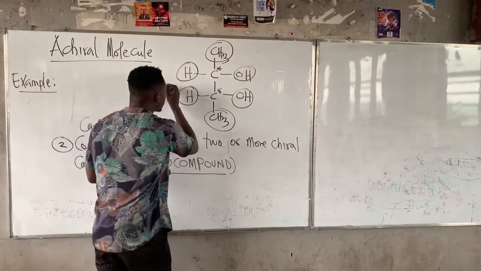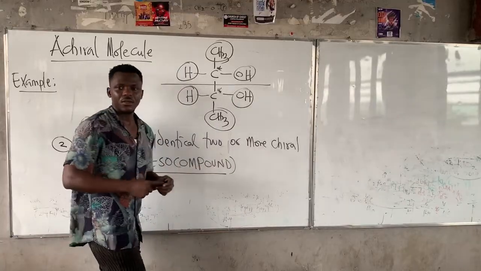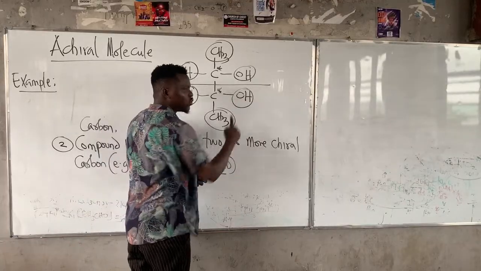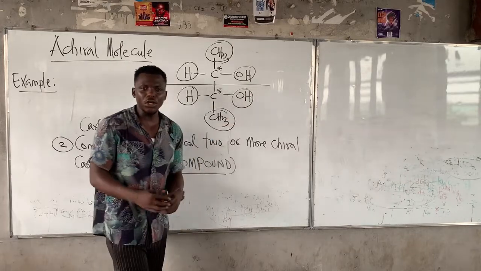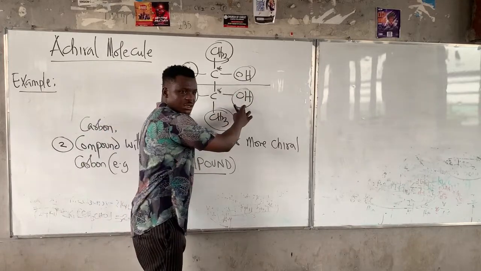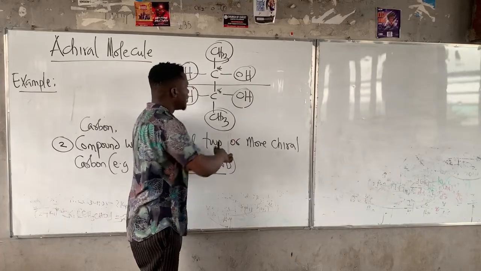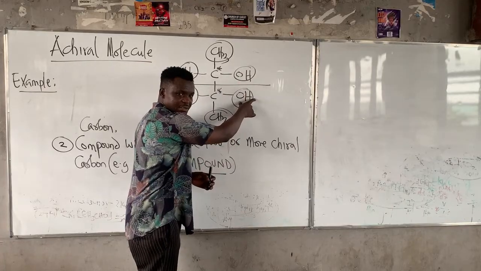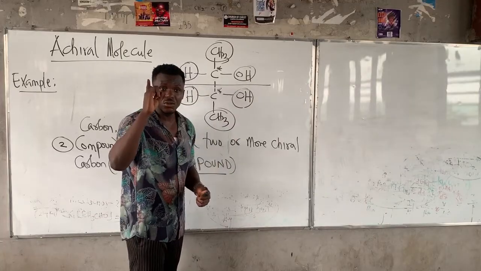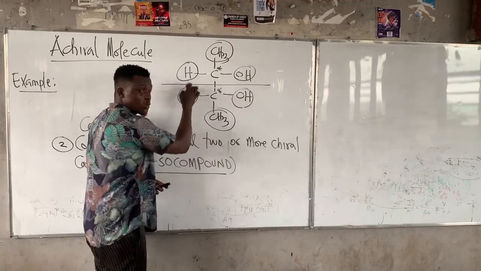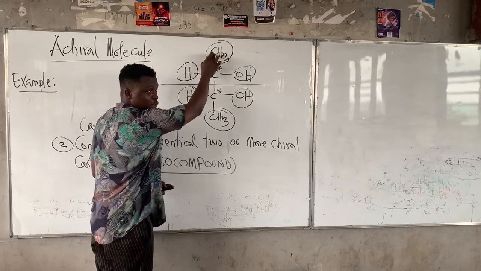Class, if I put a mirror here, I can divide this into two equal halves. If you put a mirror here, I am only going to see one OH. This will superimpose on this. There are two OH here, but if you put a mirror here, you only see one OH. This will also superimpose on this, and this will superimpose on this.